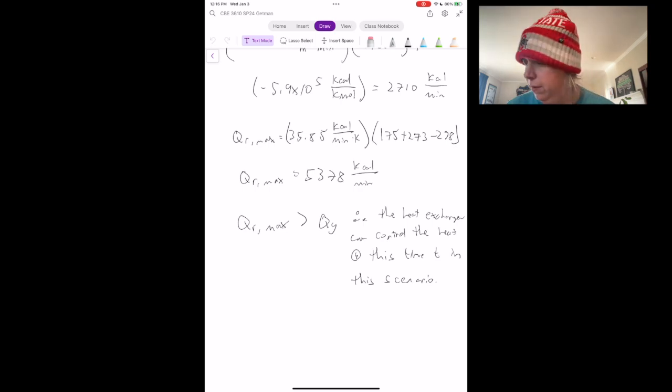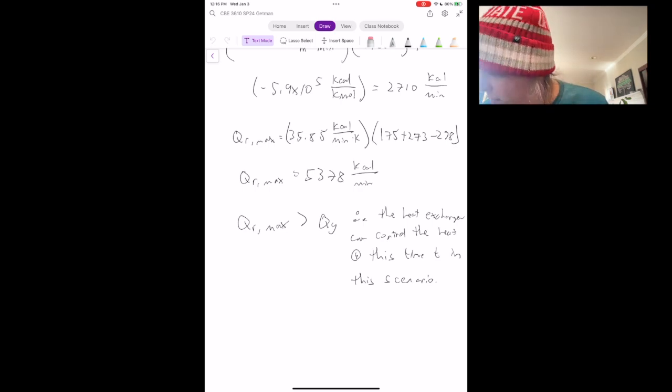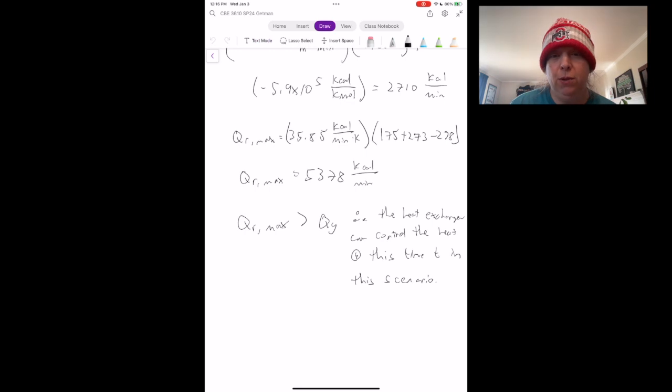So the adiabatic case, we need to use an energy balance. Since it's adiabatic, we don't need to write the differential form of the energy balance. We can just use the algebraic form, since the temperature is only a function of the conversion.